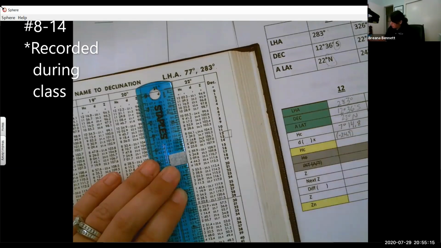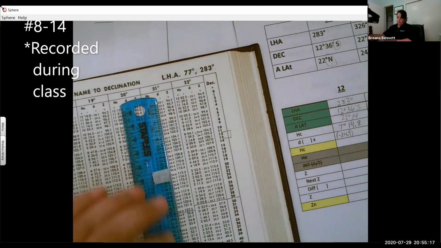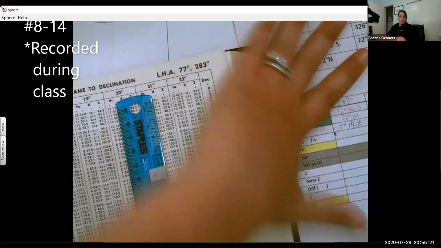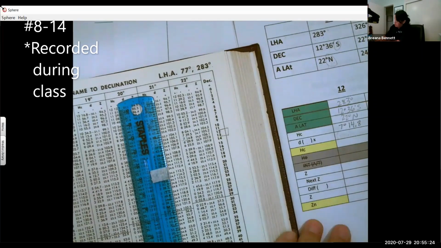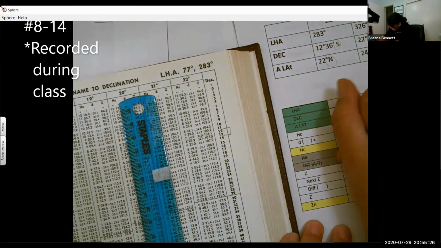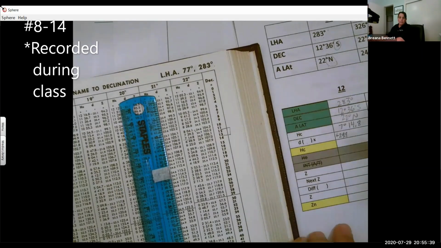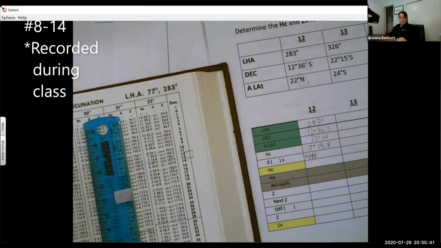I'm going to write it smaller. There we go.